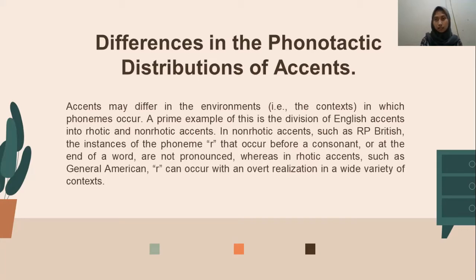In non-rhotic accents, such as RP British, the instance of the phoneme R that occurs before a consonant or at the end of a word is not pronounced, whereas in rhotic accents, such as General American, R can occur with an overt realization in a wide variety of contexts.